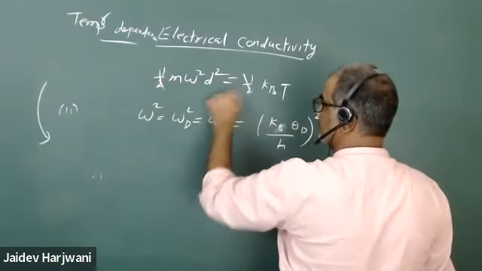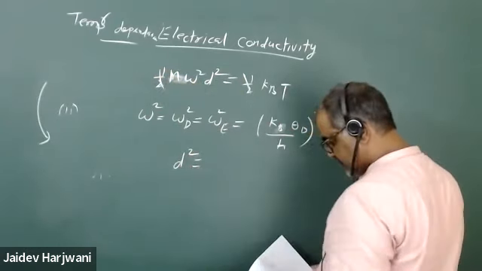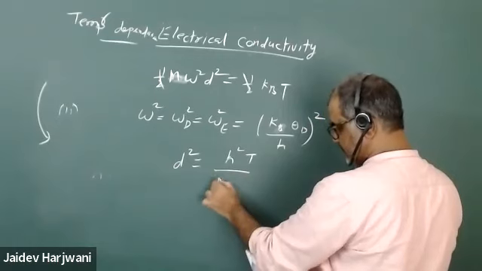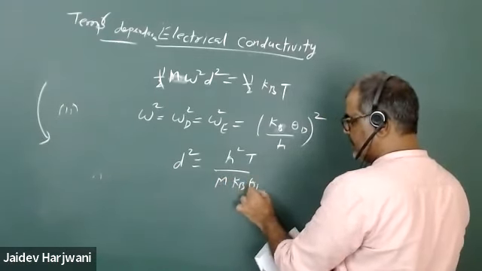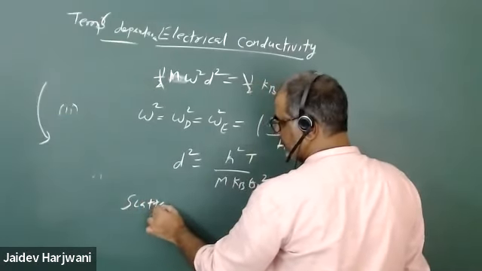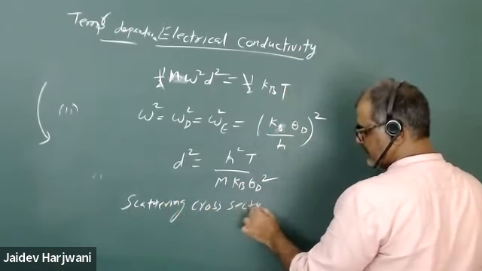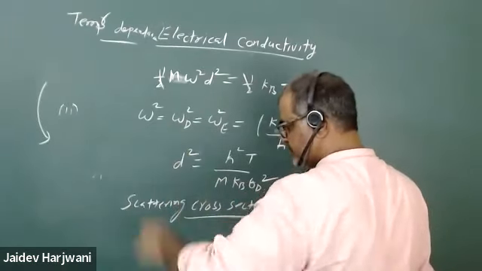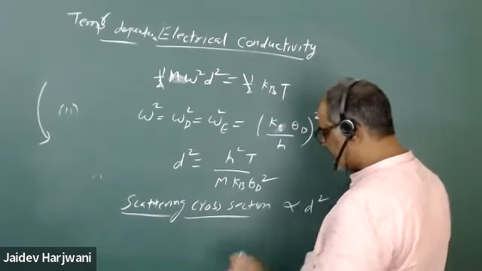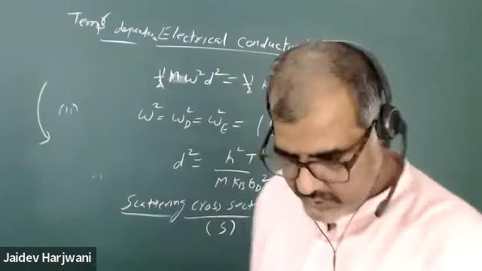Half cancels, and let us say this is capital M. So d square will come out as h cut square T upon M kB theta D square. My scattering cross section, meaning the cross section of the amplitude, is proportional to d square. So I'm writing scattering cross section as S, and S is proportional to d square.